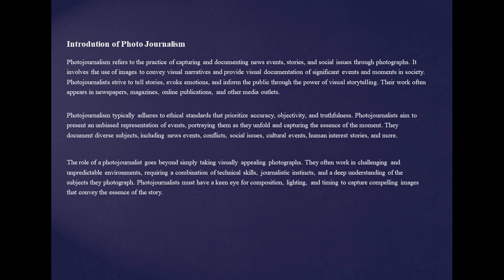Photojournalism typically adheres to ethical standards that prioritize accuracy, objectivity, and truthfulness. Photojournalists aim to present an unbiased representation of events, portraying them as they unfold, and capturing the essence of the moment.